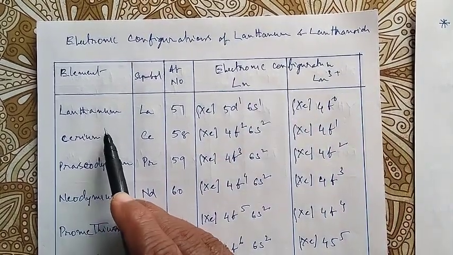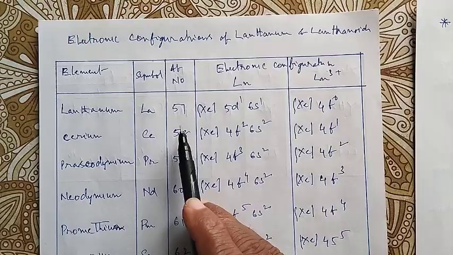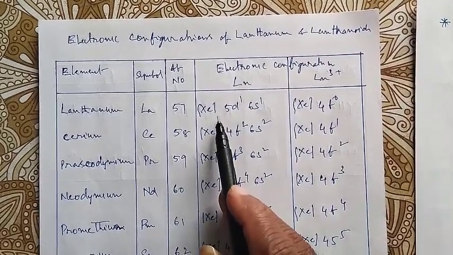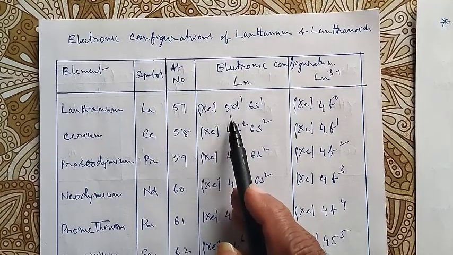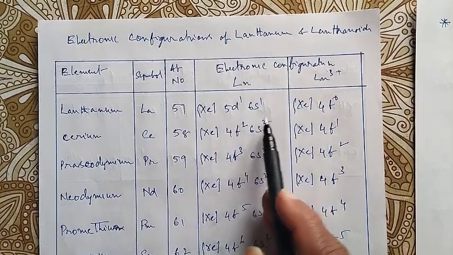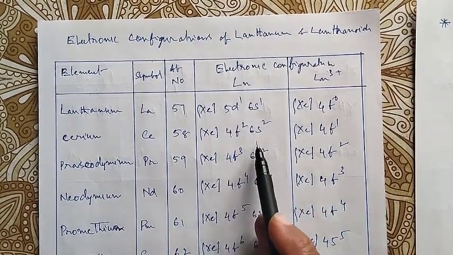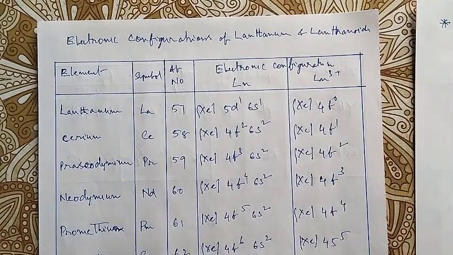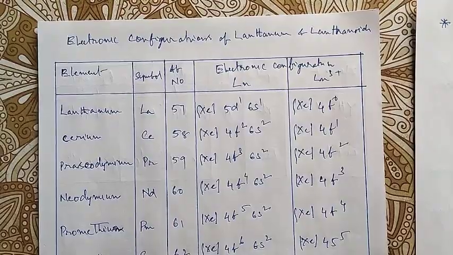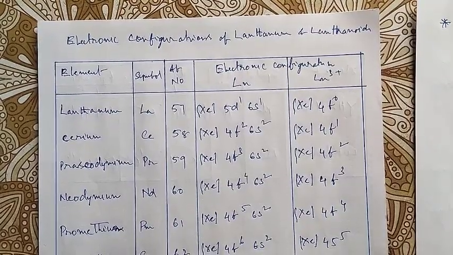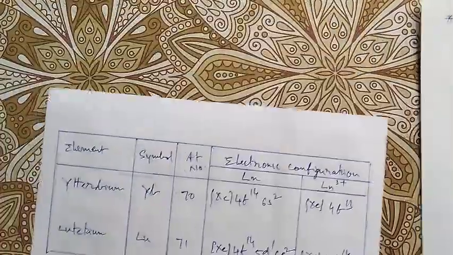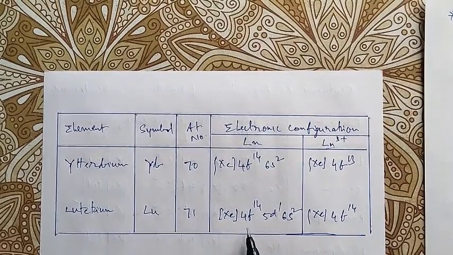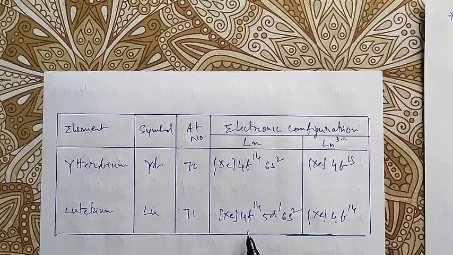Element lanthanum starts with atomic number 57. It is followed by xenon, the inert gas, so 5d1 6s1; cerium 4f2 6s1. Europium and gadolinium have half filled f orbitals, and ytterbium and lutetium have completely filled f orbitals.